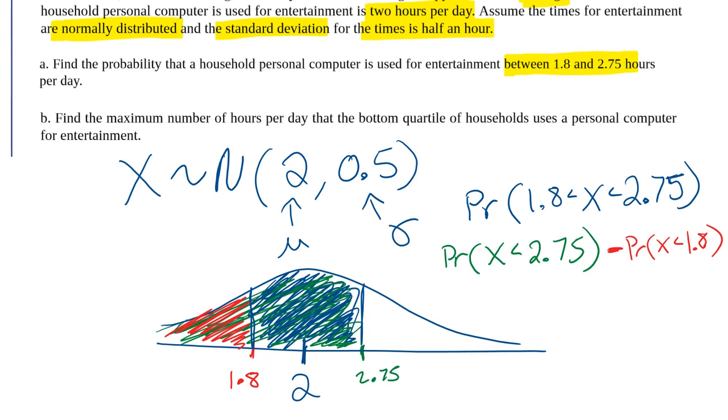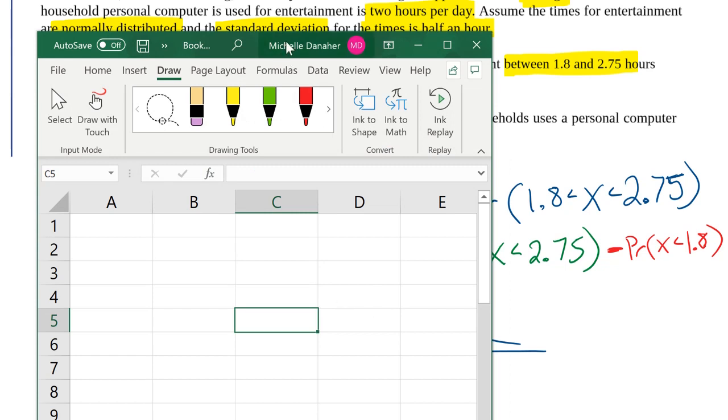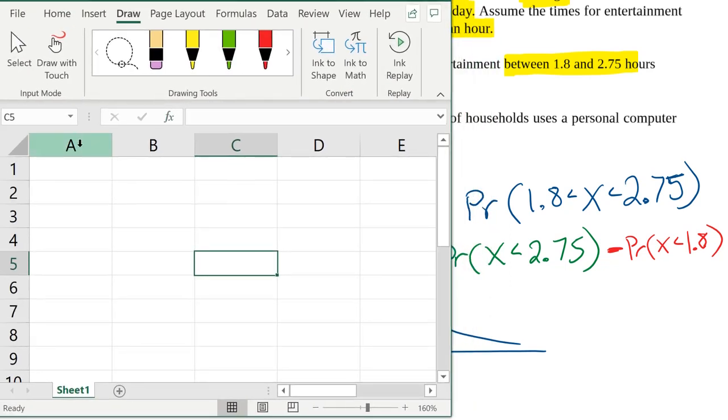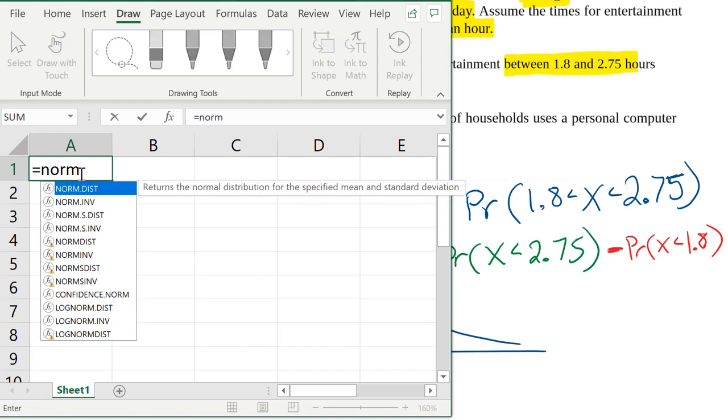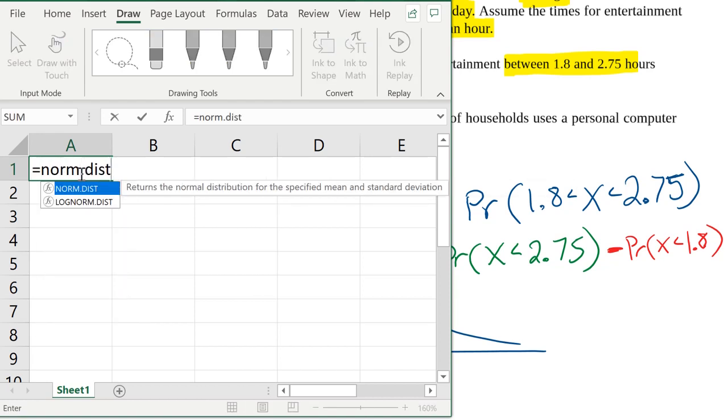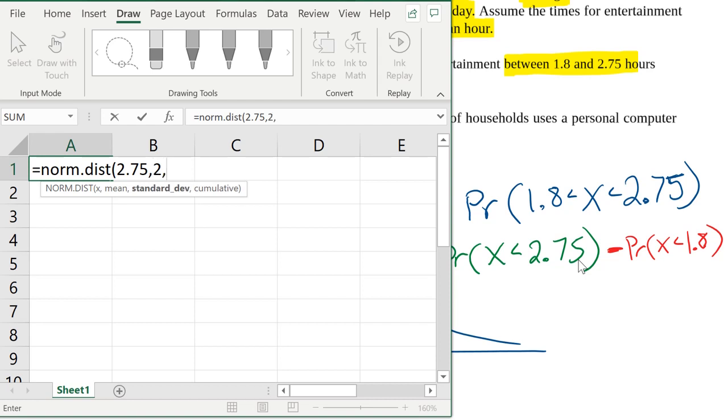Let me open up Excel. Type in one of the cells equals norm.dist, normal distribution, open parentheses. Let's start with the green one. So X is 2.75, the mean of this distribution was 2, the standard deviation is 0.5.